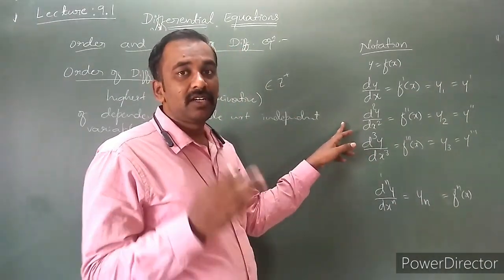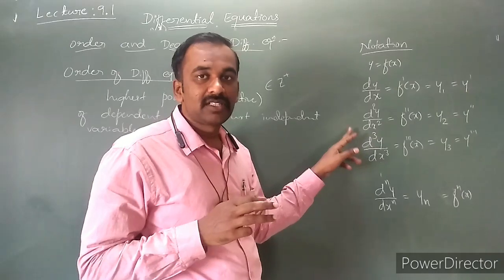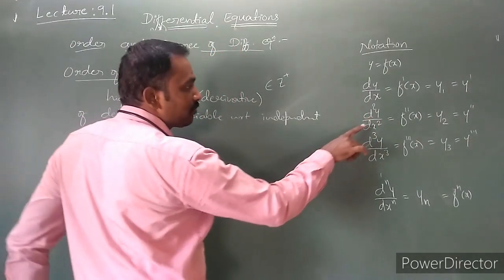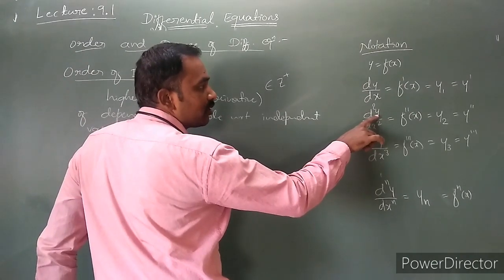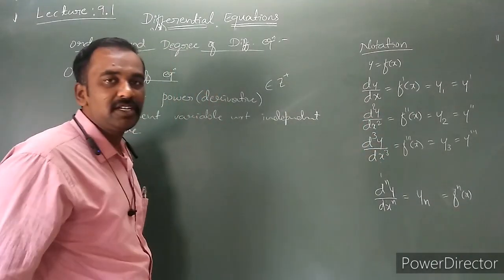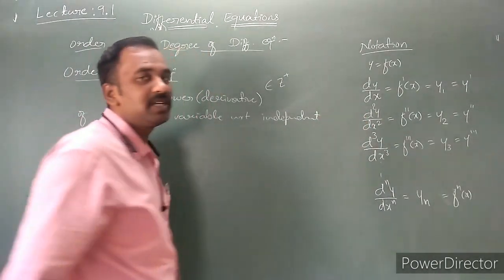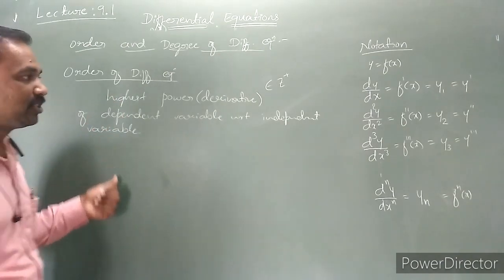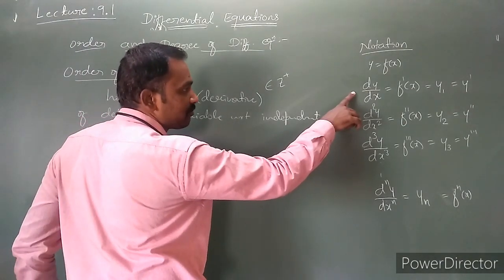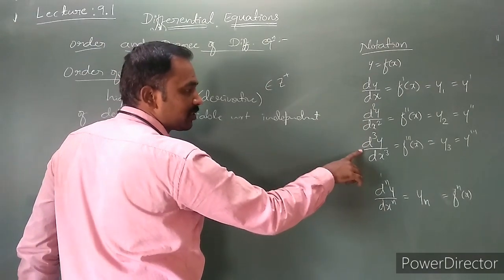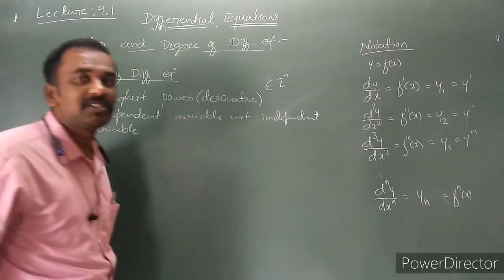If you differentiate twice, we write d square y by dx square. Differentiating the dependent variable y with respect to the independent variable x twice is said to be second order, then third order, and so on. So we have first order, second order, third order, nth order differential equations.